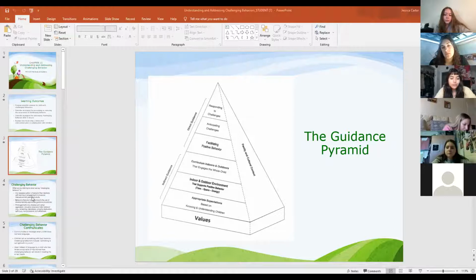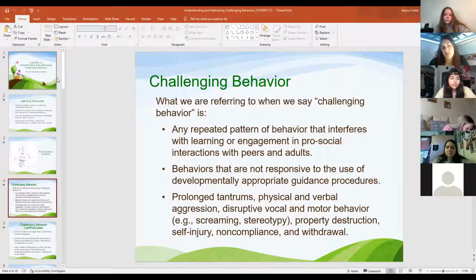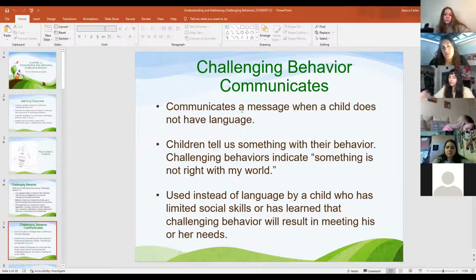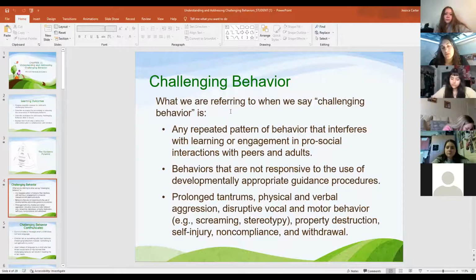Let's define challenging behavior. It's any repeated behavior that interferes with learning or engagement in pro-social interactions. So anytime a child is not able to engage with their peers or their materials in a helpful, useful way, we could call a repeated pattern of that behavior a challenging behavior. Of course, there are going to be isolated incidents.